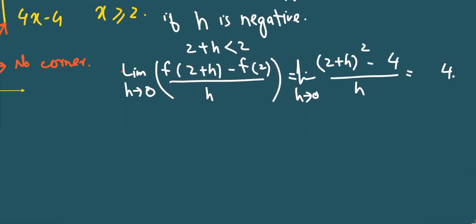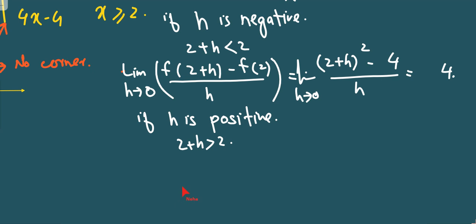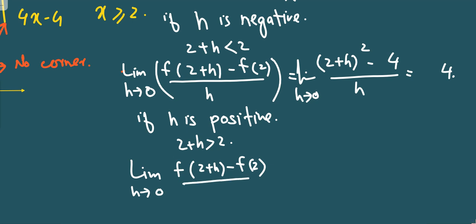Now, if h is positive, this is a new case. At that point 2 plus h will be greater than 2 and the other function will work. So limit h tends to 0, f of 2 plus h minus f of 2 over h.